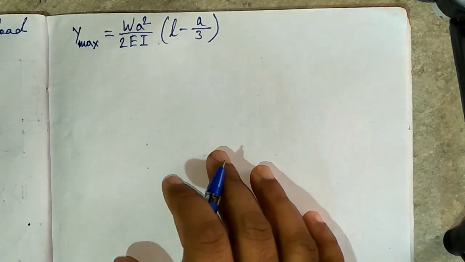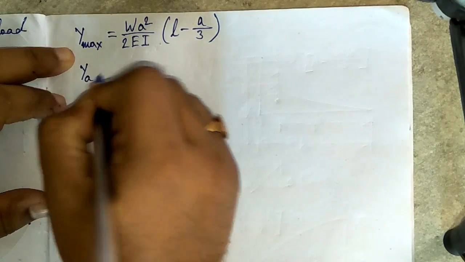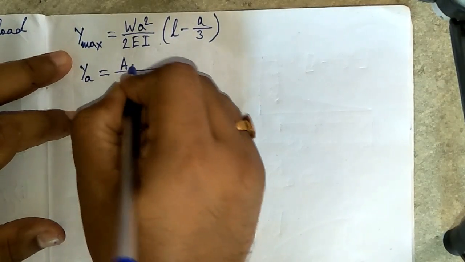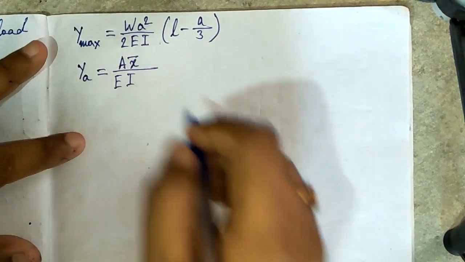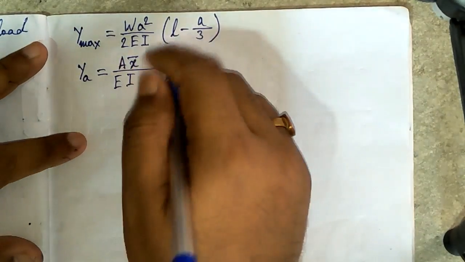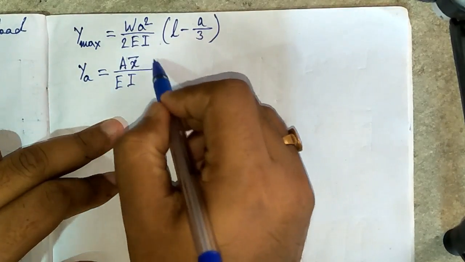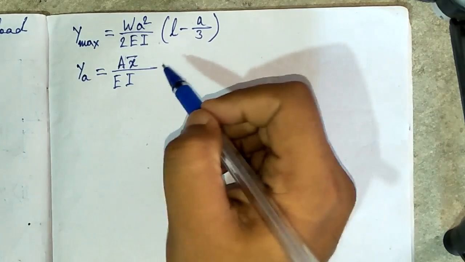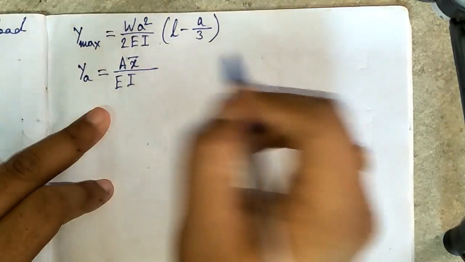Now the deflection at point A, that is Y suffix A. Similarly the formula is A X bar by EI. So now we take the distance where the load is in this expression. X bar is the distance from where the load is acted to the fixed point, not from the free end.